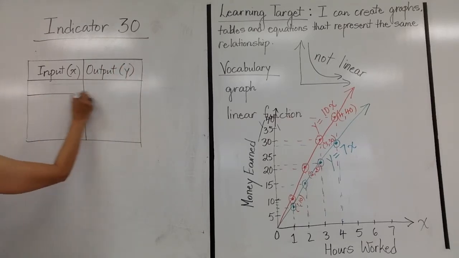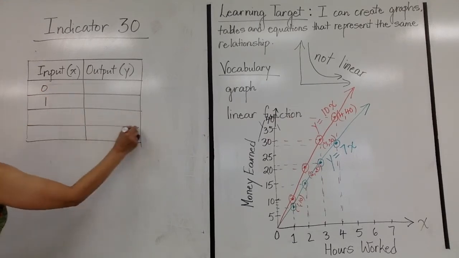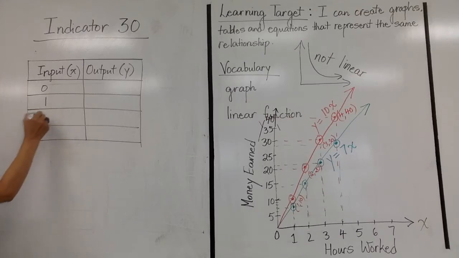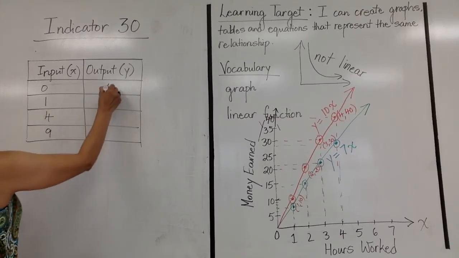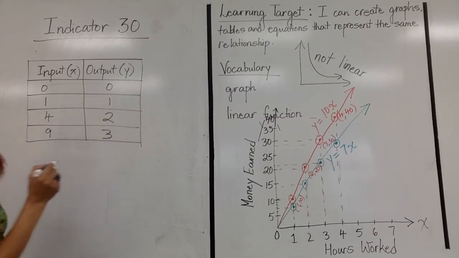And then I have 0, 1, 4, 9, and then I have 0, 1, 2, 3. So these are my coordinates that are given to me for my input and my output. And it's saying, does the input-output table represent a linear function? Explain.